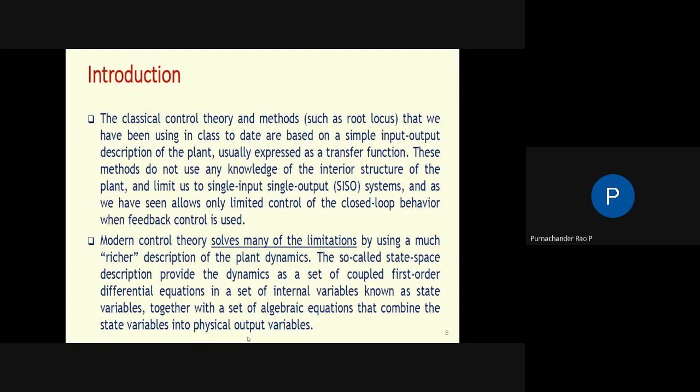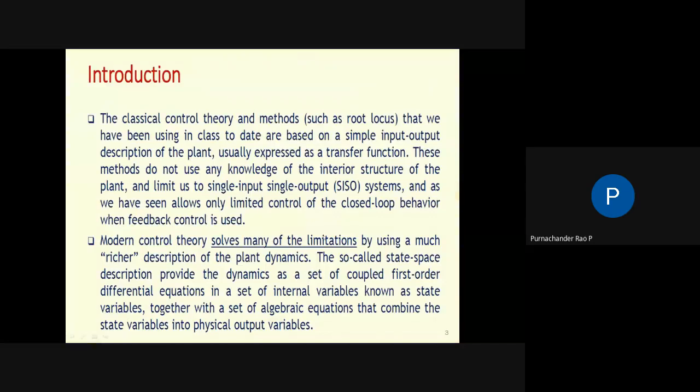In classical control theory, such as the root locus, Bode plot or Routh-Hurwitz criteria, it depends on a transfer function approach. So always the transfer function, or the open loop transfer function, is used to find out the response of a system. This transfer function is based on the relationship between the input and the output.